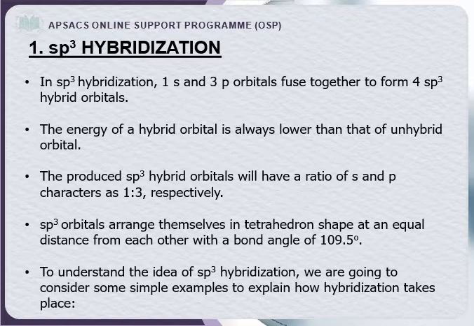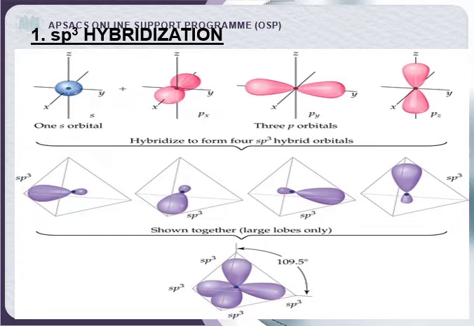Now here some examples are given which explain this. Here is given the overlap of the orbitals with the shapes. You can see the s orbital with the spherical shape and all three p orbitals which are of dumbbell shape. When they mix together, they produce four new orbitals. Each one is now termed as an sp3 hybrid orbital, and if we collect them all from their smaller lobes, they will arrange in space in a three-dimensional manner.